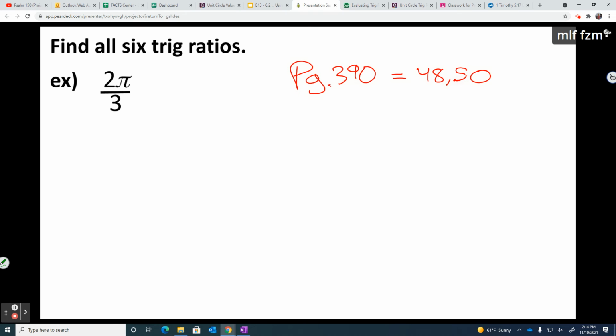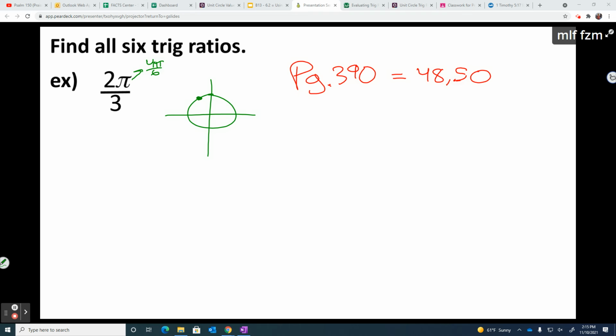All right. So we need to figure out where 2 pi over 3 is. The easiest way to figure that out is to do the thing where you multiply it by 2, so it's 4 pi over 6. So where is that? It's before 180.